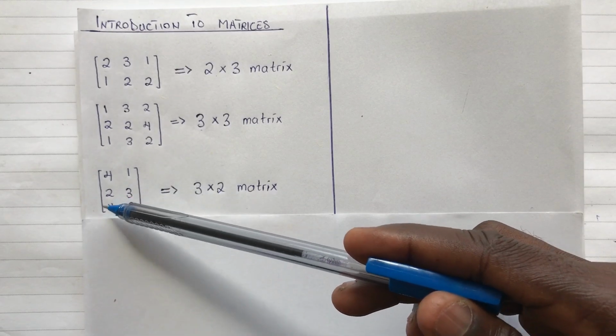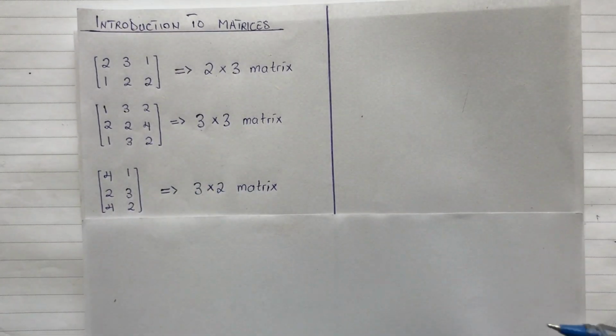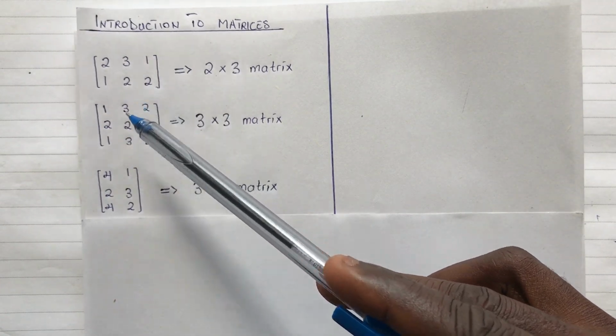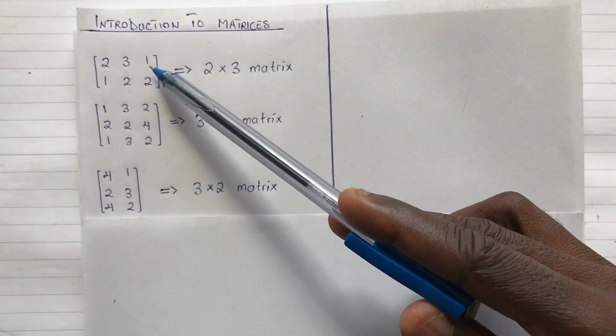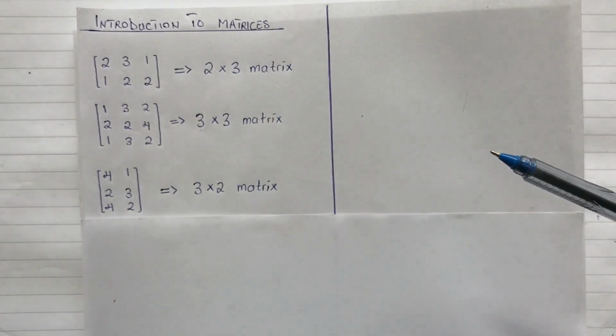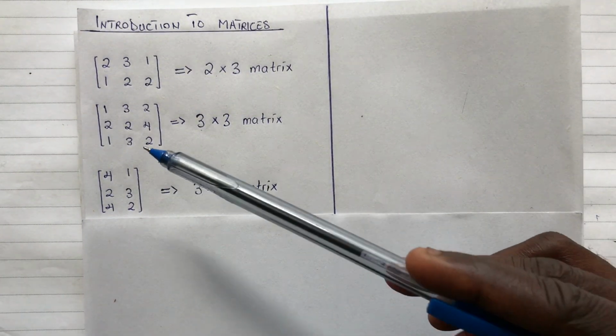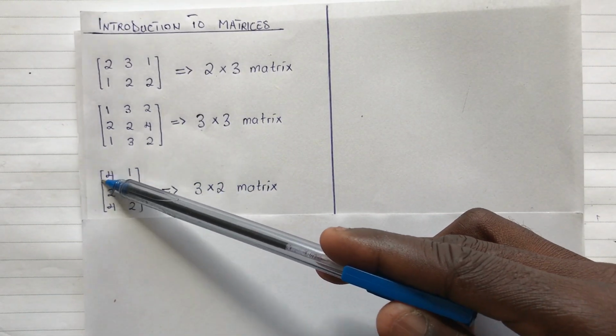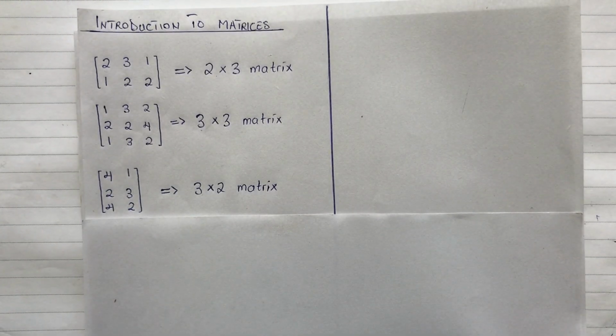And row 1, row 2, row 3, column 1, column 2. So you start naming it by the rows. We have 2 rows here, so we have 2 by what? 3 matrices, and the 3 here is standing for the number of what? Columns. Here we have a 3 by 3 matrix and a 3 by 2 matrix. So that is how we do it.